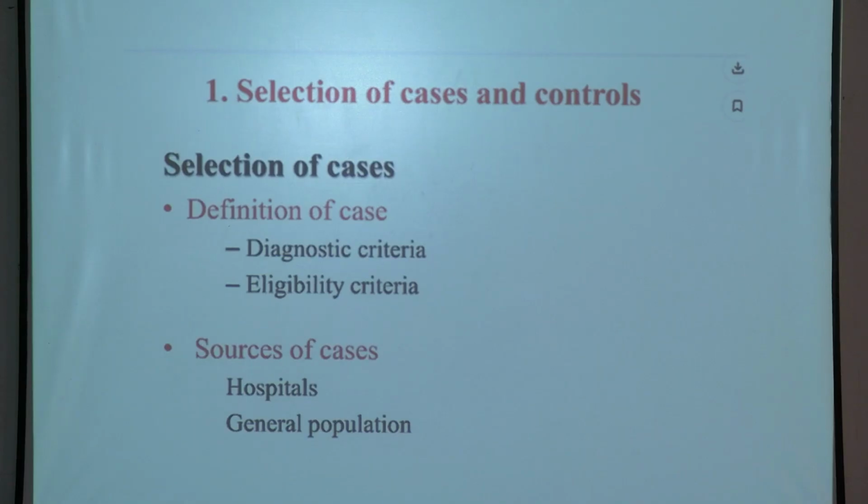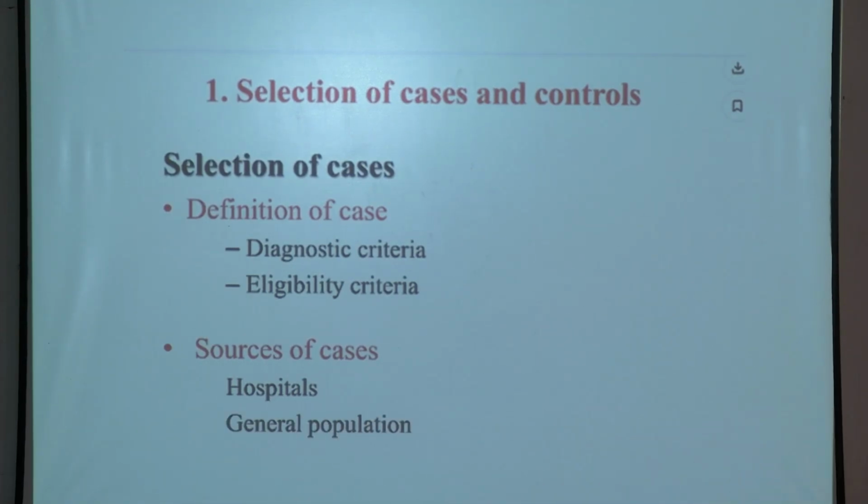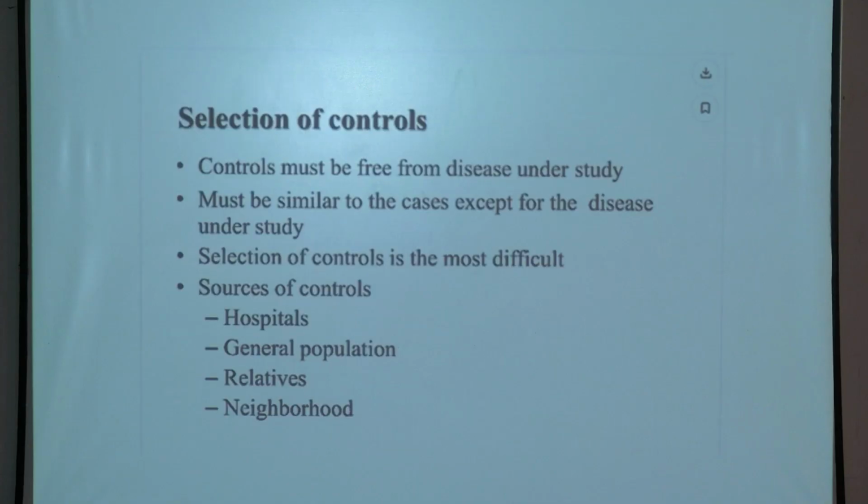Should we do it in our college or outside? In the medical college, nursing college, paramedical college? Who are the eligibility criteria? Are you going to do it only among nursing students, nursing staff, or medical students? Then source of cases: it can be either hospitals or the general population.